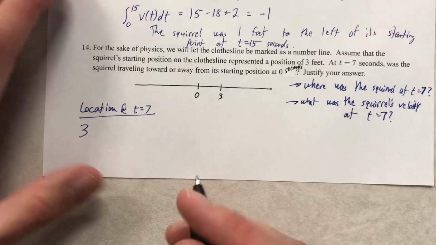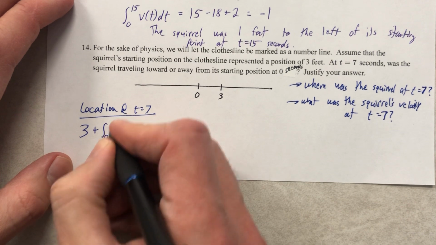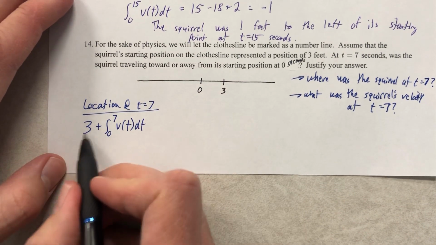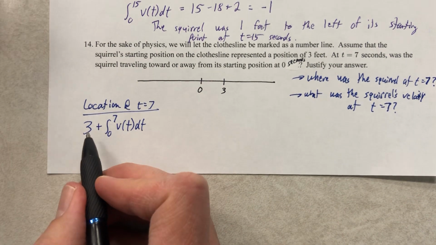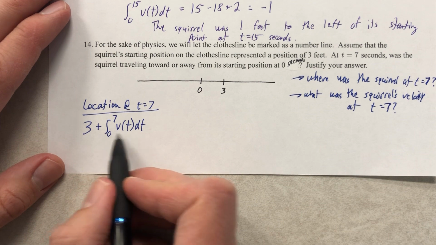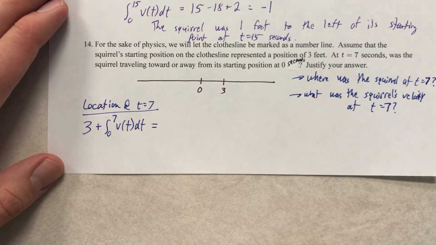So that plus the integral from 0 to 7 of the velocity. Original location, initial position, plus displacement will tell me where the squirrel was.